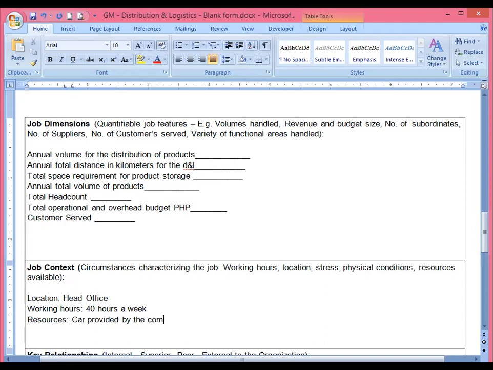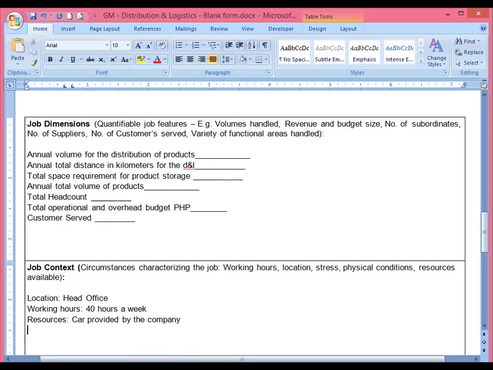So during his working hours, he's using a company-provided car. He's not using his own car. So if he's using a company-provided car, then the fuel, the gasoline, will also be provided by the company. So that's how it works.